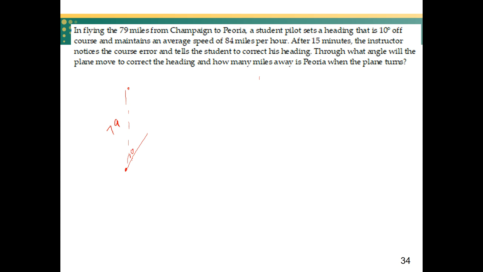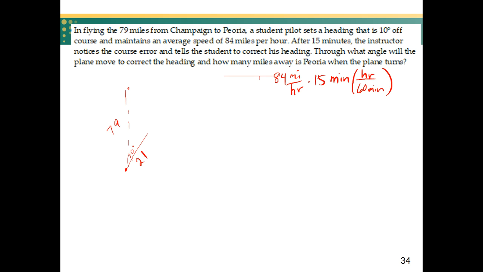So they get 10 degrees off, and they maintain the average speed of 84 miles per hour for 15 minutes. So basically, we take our 84 miles per hour times 15 minutes, and there are 60 minutes in 1 hour. What we end up with is 21 miles they've gone.